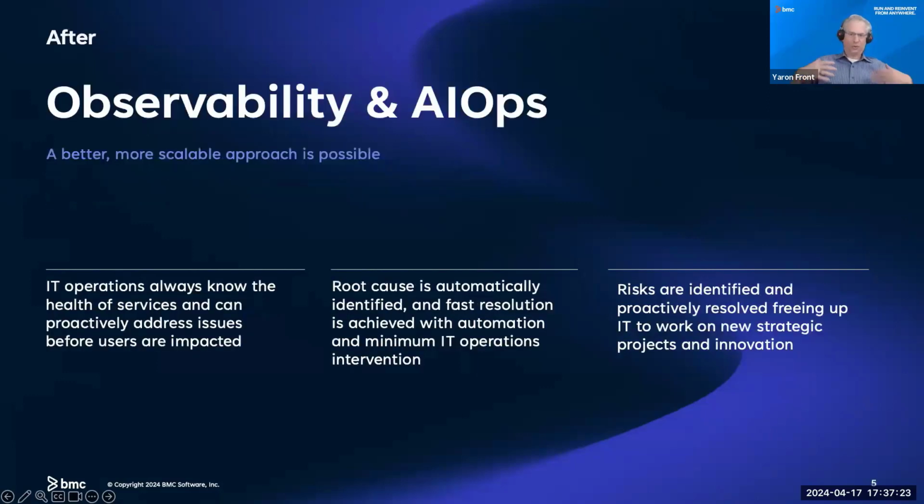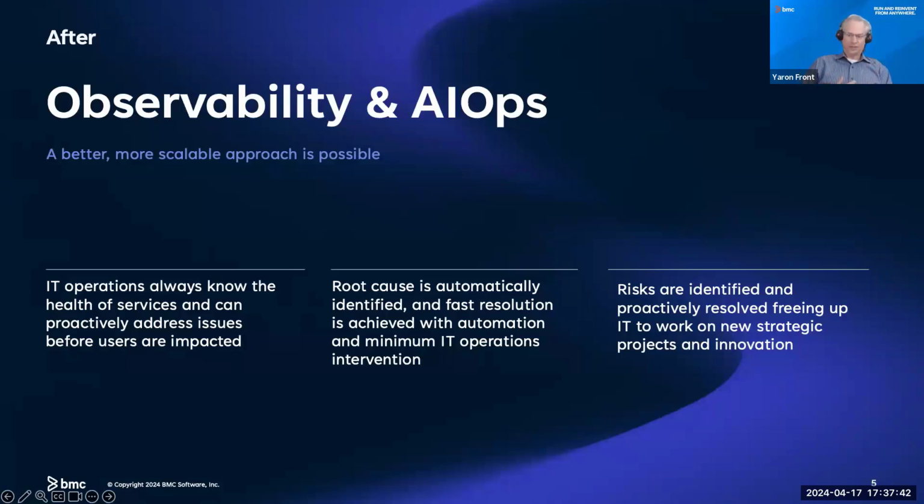What we're shooting for, so where we're going, is that with AIOps, the goal is to have integrated and comprehensive observability and making sense of observability data using artificial intelligence and machine learning.